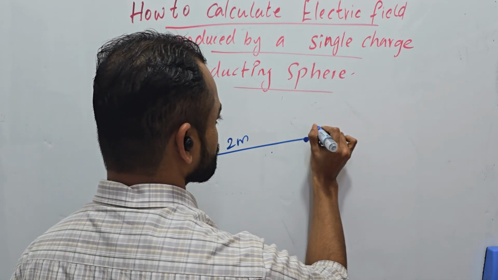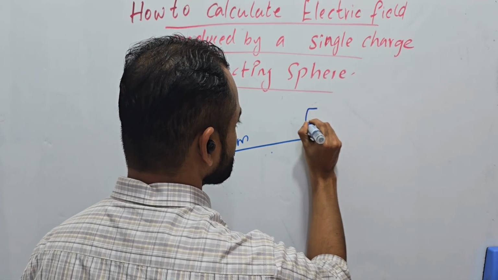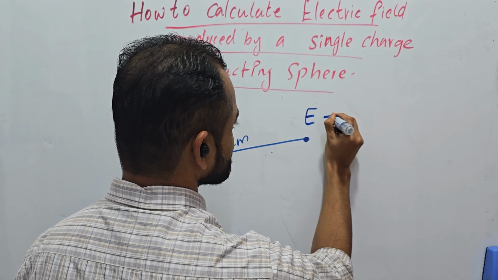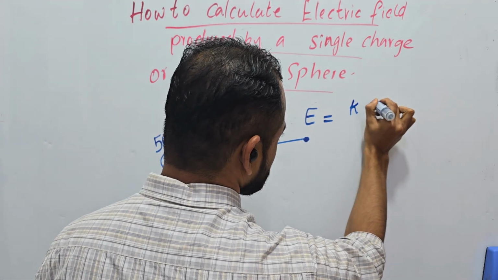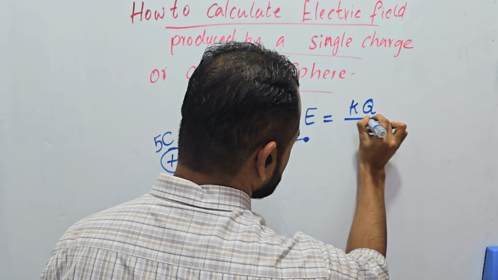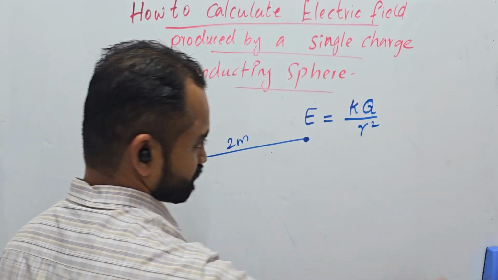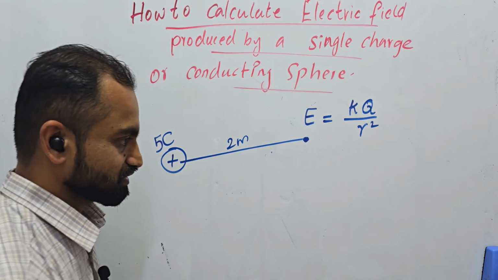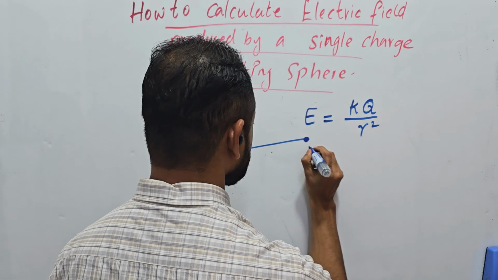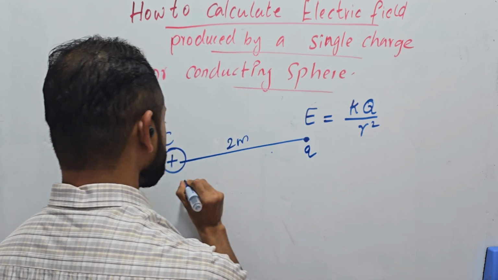What is the equation for the electric field at this point? Electric field at this point is equal to K multiplied by source charge divided by R square. So for example, here is our test charge, and here is the source charge.